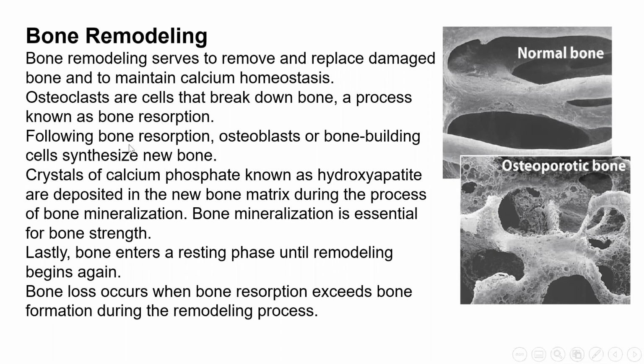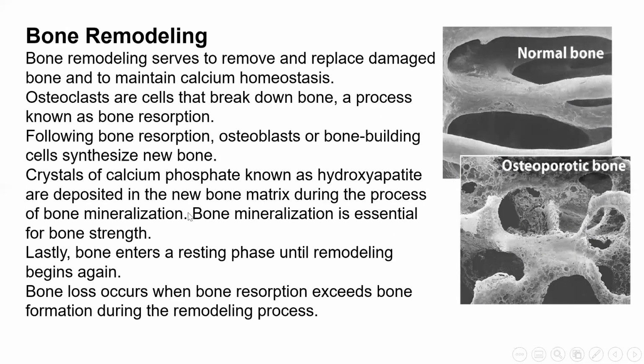After bone resorption, the osteoblasts are activated. These cells are known as the bone building cells, which synthesize new bone and increase the bone mass and density. Also, in the bones there are crystals known as hydroxyapatite crystals.